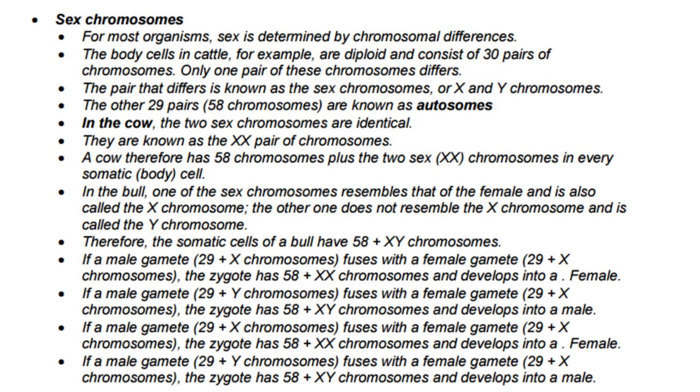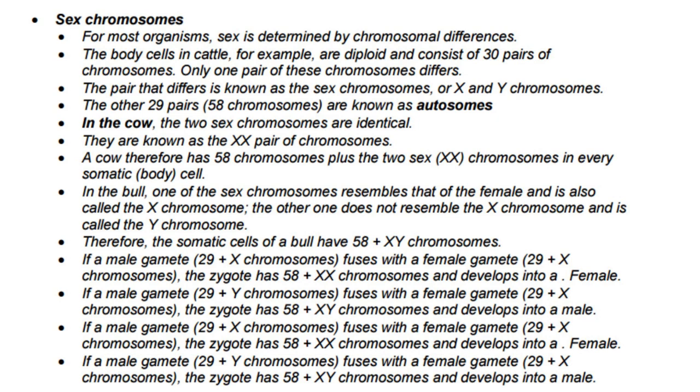Sex chromosomes. For most organisms, sex is determined by chromosomal differences. The body cells in cattle, for example, are diploid and consist of 30 pairs of chromosomes. Only one pair of these chromosomes differs.